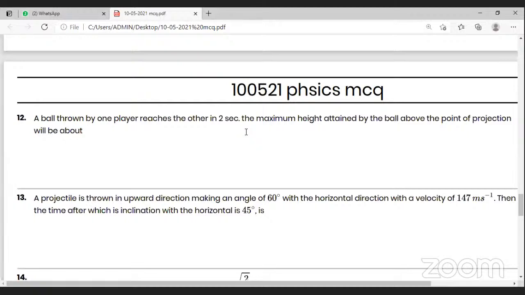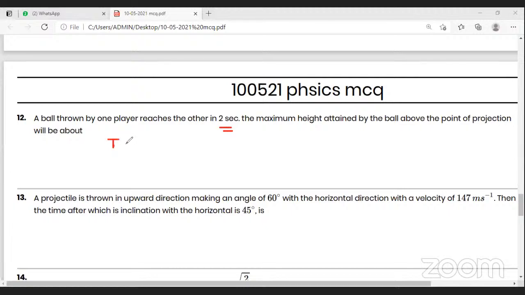It was not given how the ball was projected. Since we are dealing here only with projectile motion questions, let me consider this is oblique projectile motion only. What is the total time taken? You can consider 2 seconds.